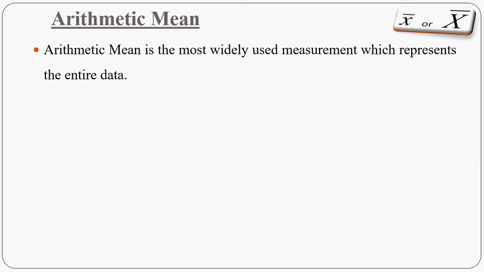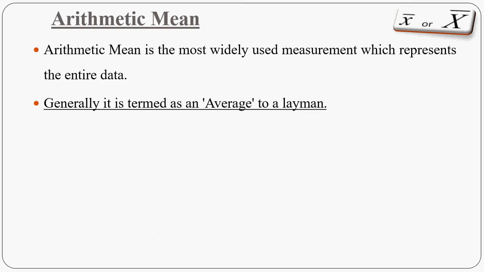Arithmetic mean is the most widely used measurement which represents the entire data. It means, in a given series, the sum of all items divided by the number of items determines the arithmetic mean. Generally it is termed as average to a layman.